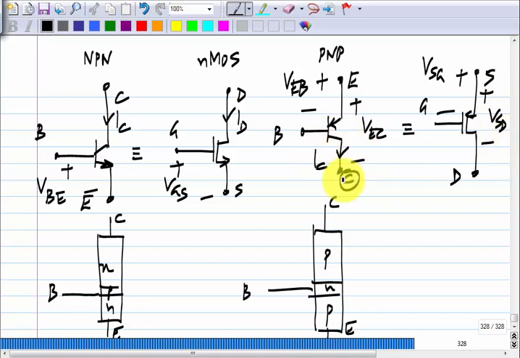And the collector current flows out of the collector just like the drain current flows out of the drain. So, you use it just like you do the PMOS transistor, and just like with NMOS transistor, this IC is an exponential function of VEB.